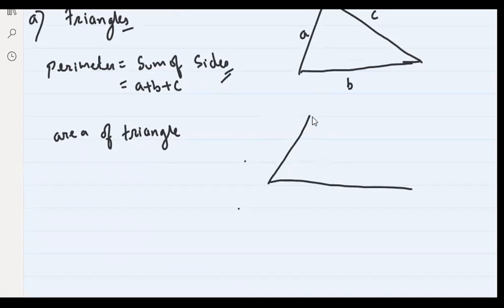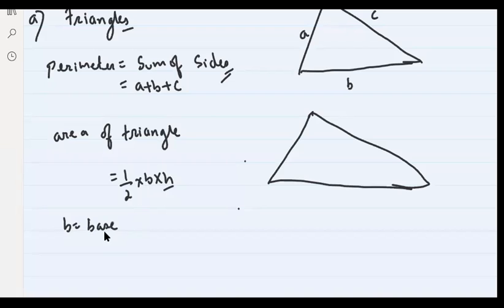I want to calculate the area of this triangle. The formula of area of triangle is given by half into base into height. b is base and h is height.